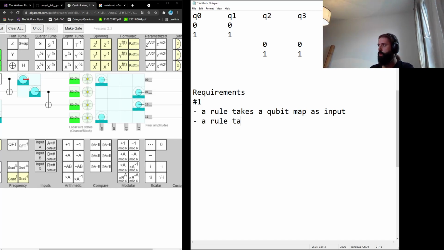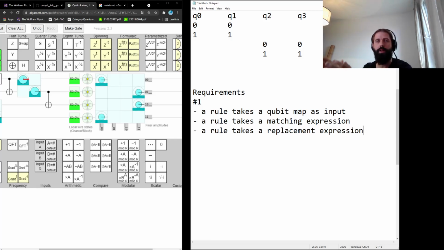A rule takes a matching statement or expression. A rule takes a replacement expression, right? That's the ideal signature of how the rule would look: you match these, replace with that.